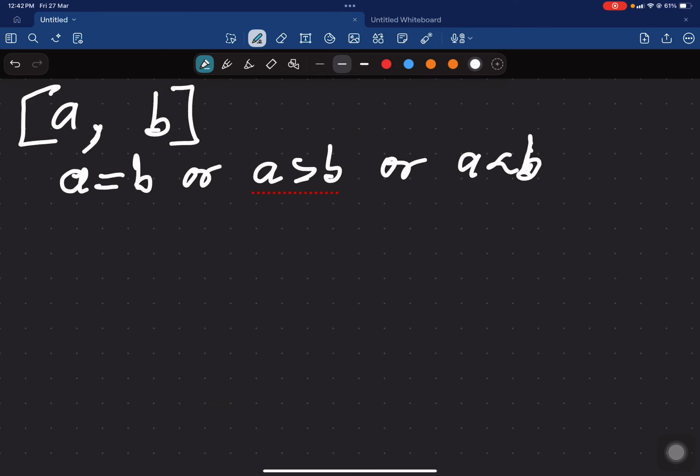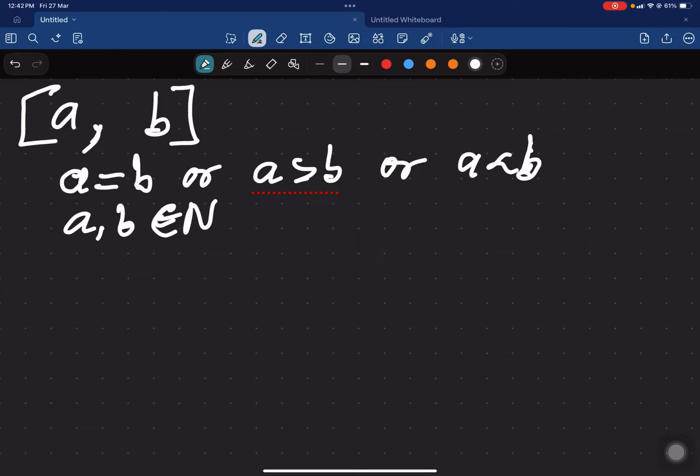This is what happens when you take any two natural numbers at all, provided a and b are members of the natural number set. So it's either that a is equal to b, or a is greater than b, or a is less than b, which is always the case.